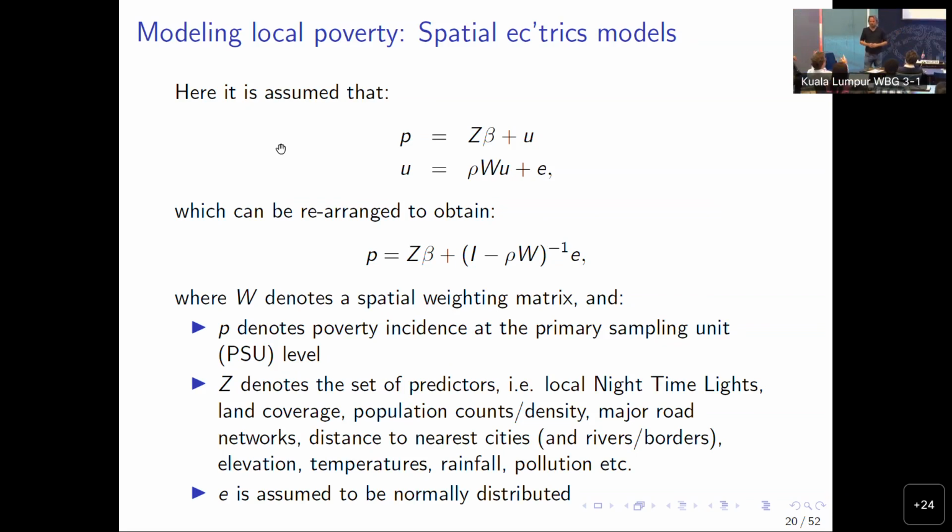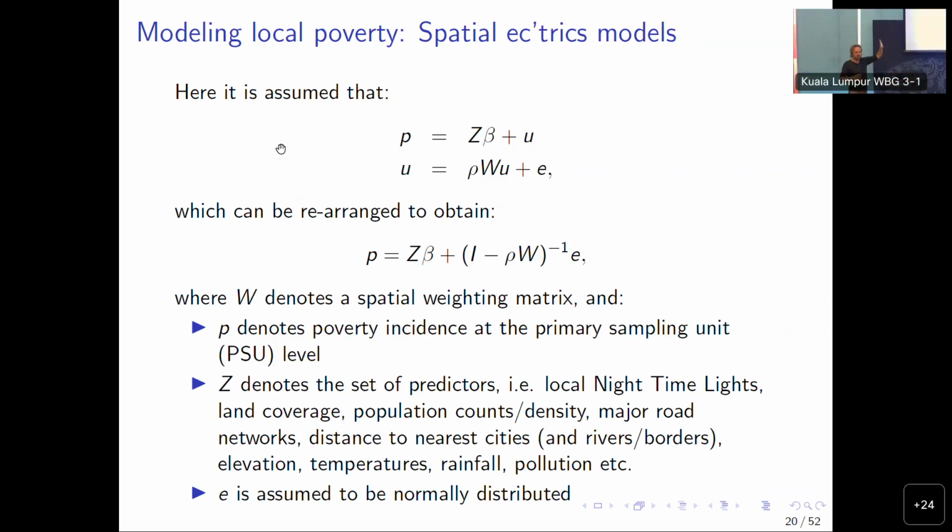It's significant additional complexity, and it also makes things computationally a little bit more challenging, which we discovered. So it's not without cost, unless you want to work with a sparse spatial weight matrix.